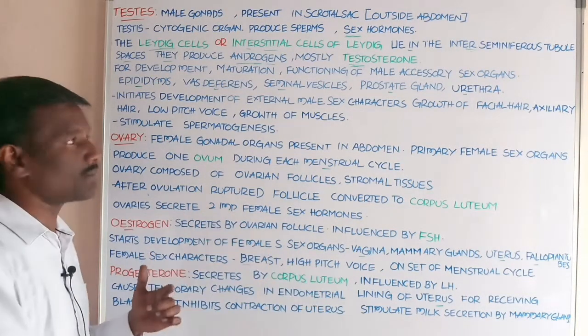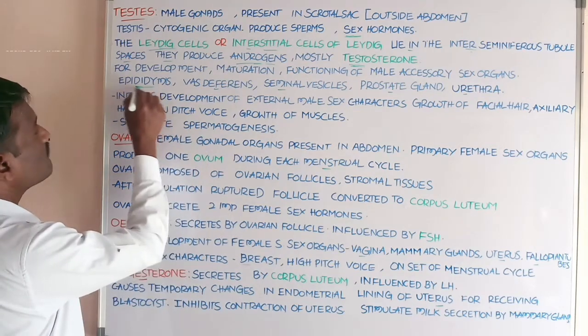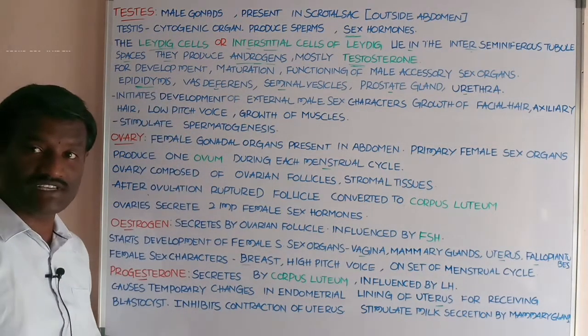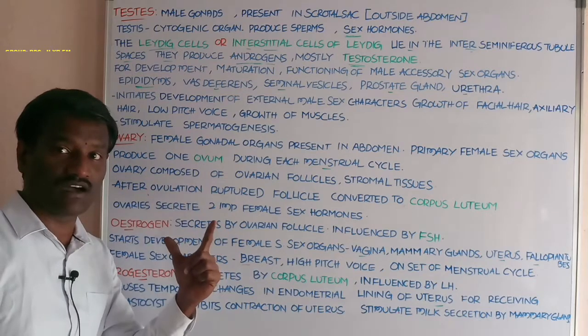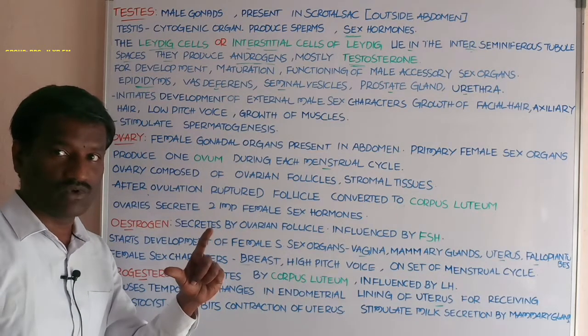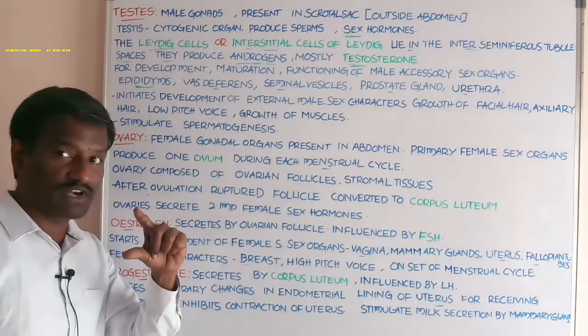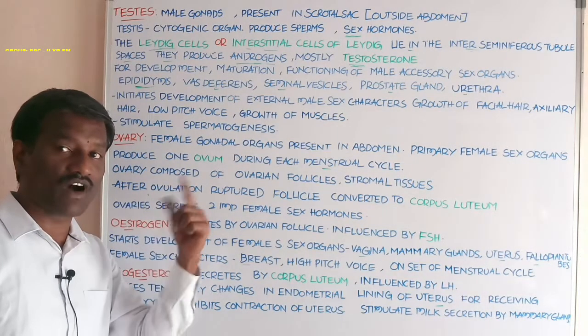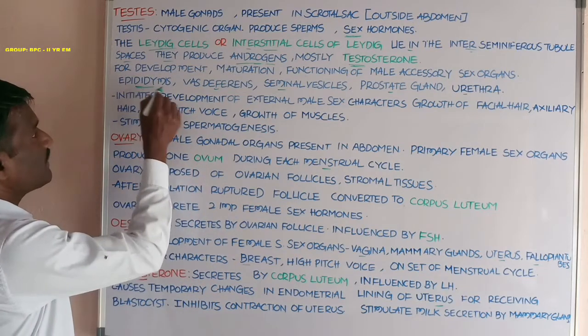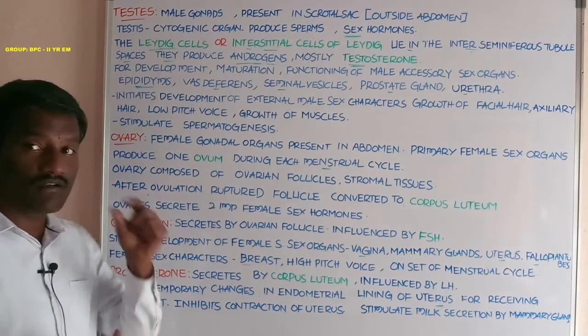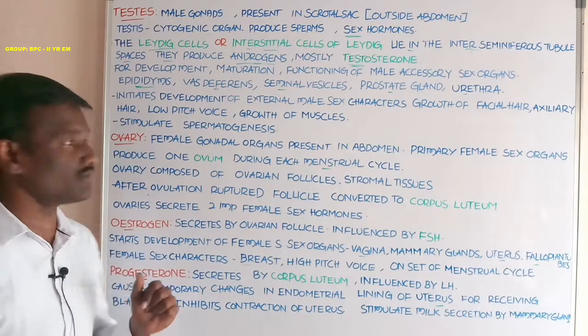The epididymis is a highly coiled tubular structure located behind each testis, between the testis and the vas deferens.